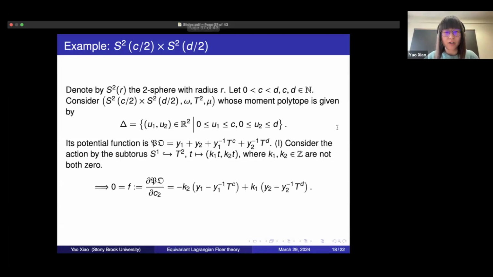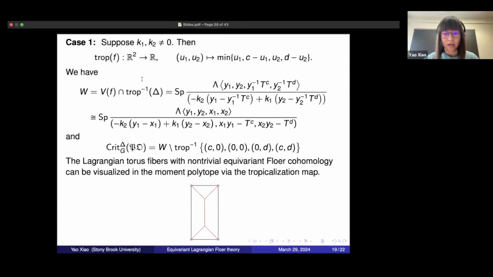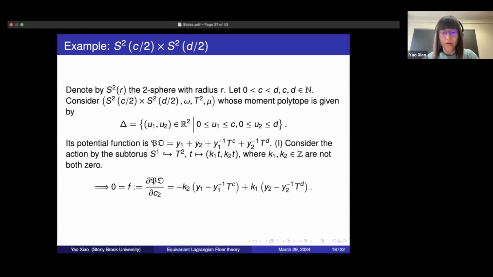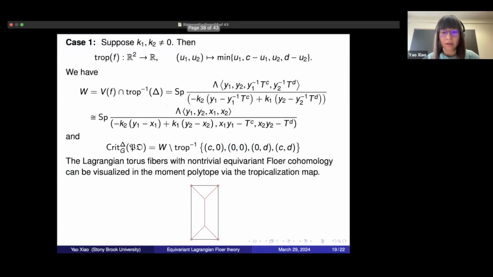If you do similar things for this product of two spheres, then you would see pictures like this, where this corresponds to embedding S1 with both K1 and K2 non-zero. These points in the polytope correspond to the Lagrangian torus fibers with non-trivial Floer cohomology.